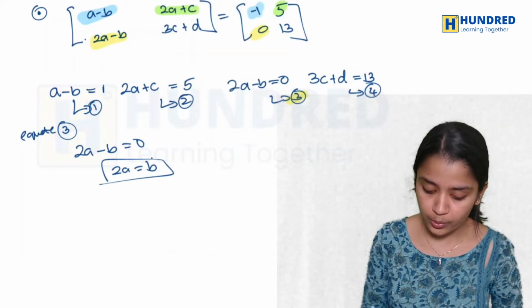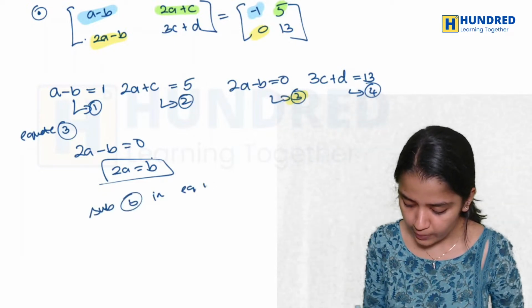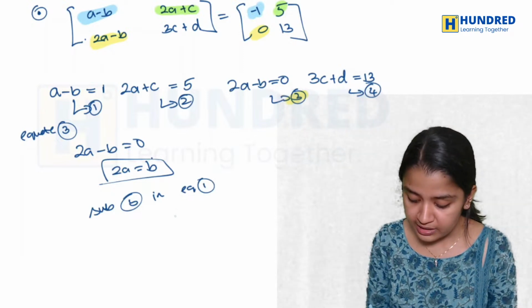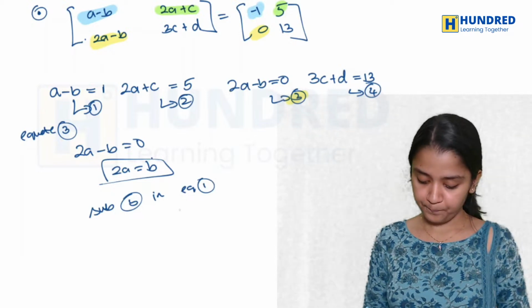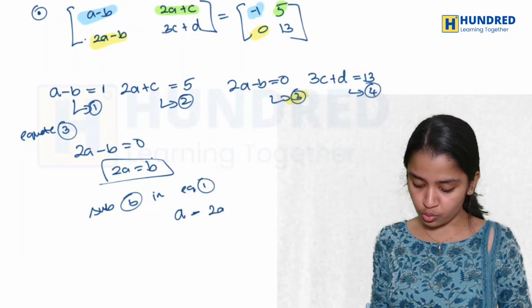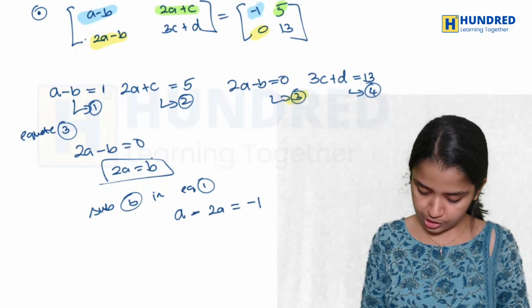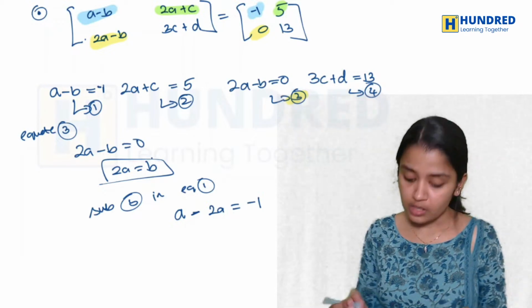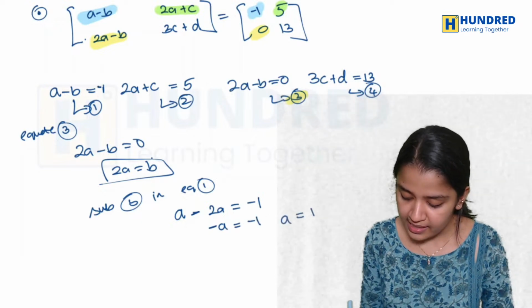So A minus 2A is equal to minus 1. Yeah, it is actually equal to minus 1. Same way, minus A is equal to minus 1. A is equal to 1.